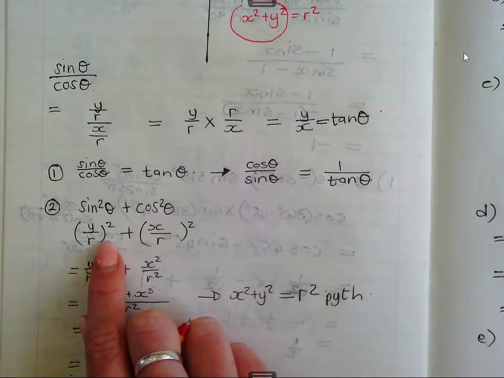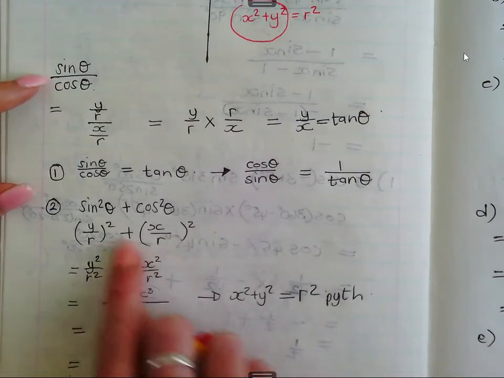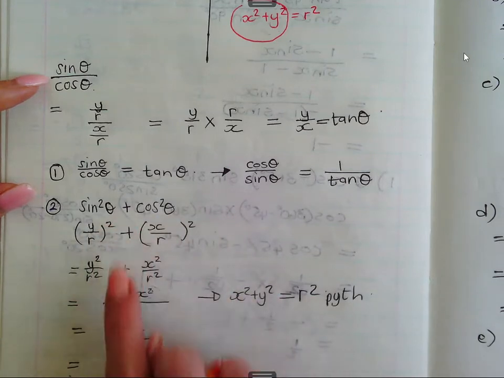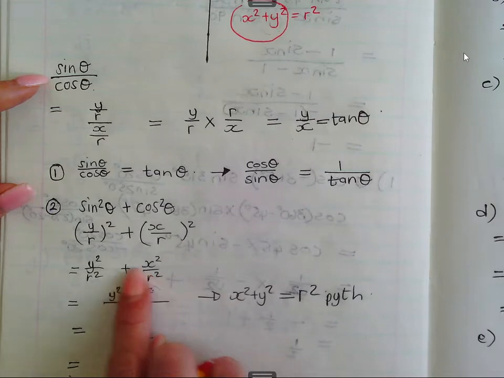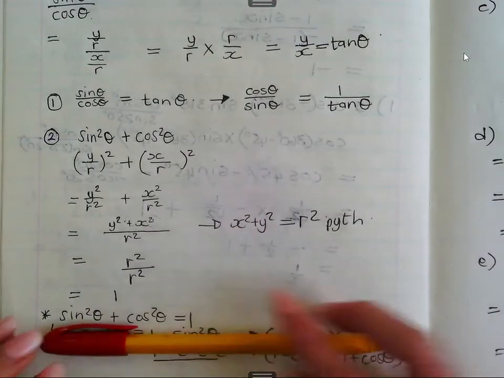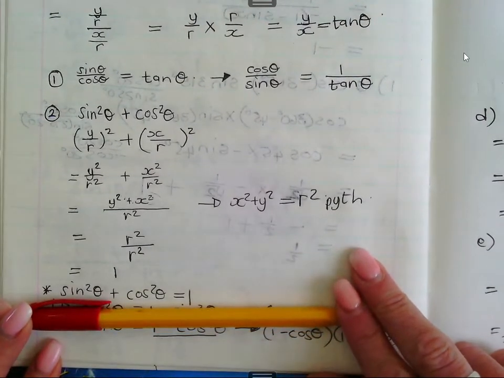Sin squared million plus cos squared million, 1. But it must be squared. Because if you didn't square them, you wouldn't end up having a Pythagorean situation, so you wouldn't be able to put in the r. So our second identity says sin squared plus cos squared is equal to 1.